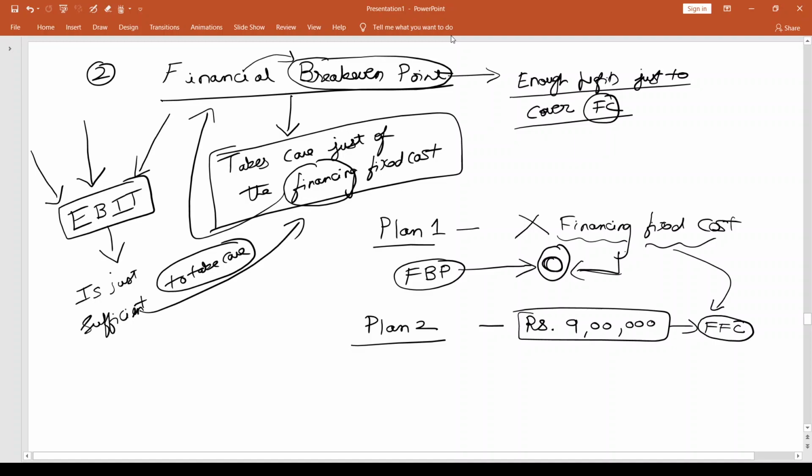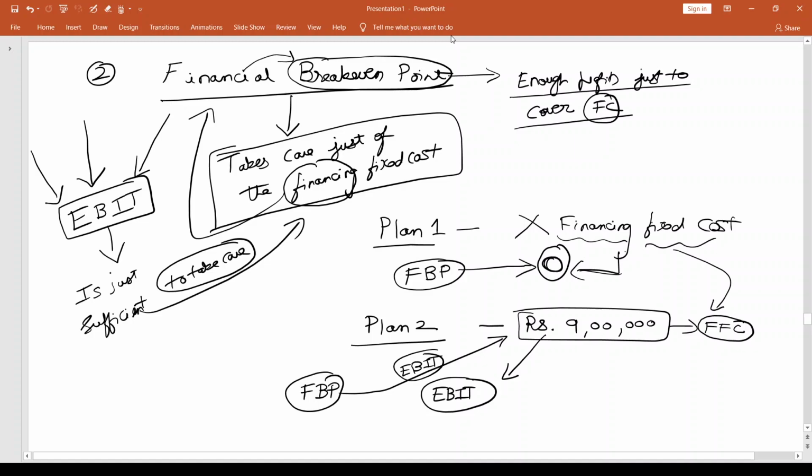If I need operating profits just to cover this 9 lakhs, then my EBIT must also be 9 lakhs. If I have EBIT of 9 lakhs, it just takes care of my interest of 9 lakhs. After that, it gives me nothing. So the FBP, the financial break-even point for plan 2, is going to be 9 lakhs of EBIT. I just have enough to take care of my interest, and I don't have anything more. That is the meaning of financial break-even point.